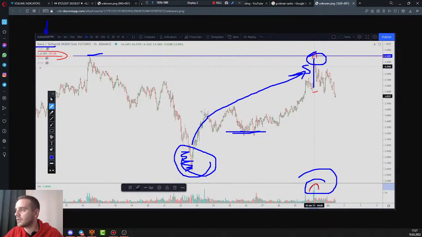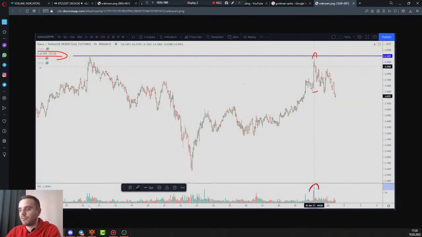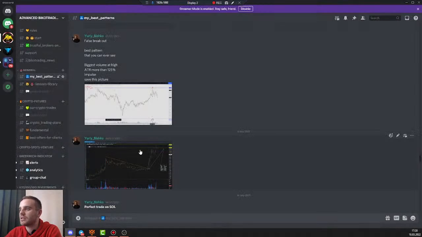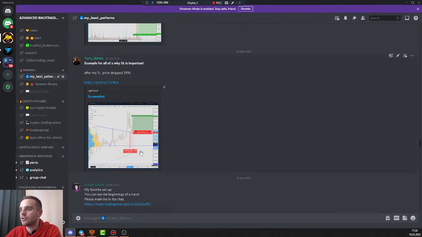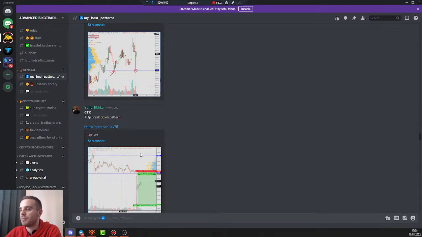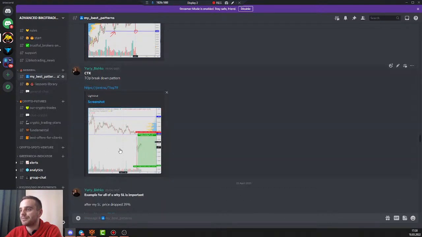When you see that price moves a lot to an important key level and significant volume appears, it is a signal that with a big chance there could be a false breakout. Let me do breakouts, because with breakouts it is even easier to show. Breakouts work much better.